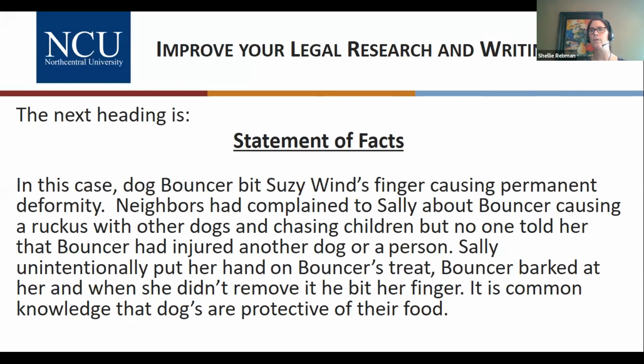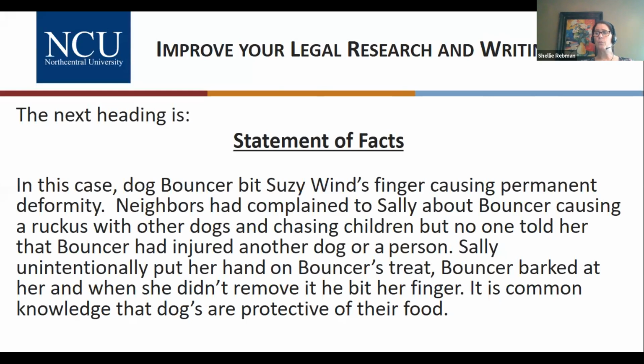And I didn't include that Nosy Nellie was involved, because her conversation with Wendy is not significant under our analysis. But as a general rule, you want to make sure that the judge or another attorney has sufficient information to be able to identify the key issues after reading the statement of facts.